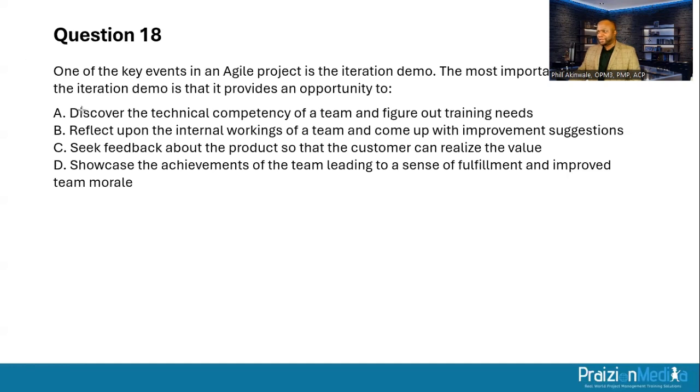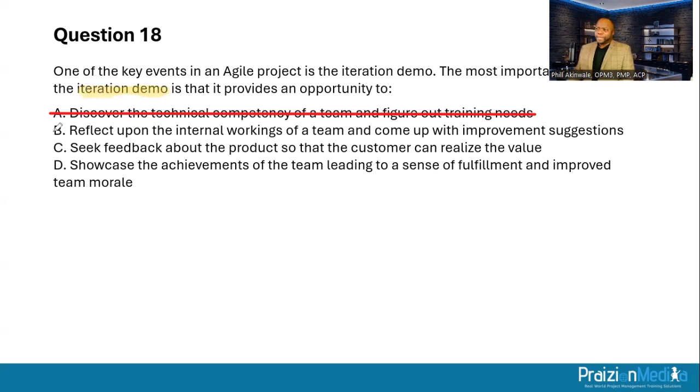A, discover the technical competency of a team. This is not the right answer. This is not done in a sprint review. When it says iteration demo, and by the way, on the exam, you could use your highlighter as well, right? So the word iteration demo means your sprint review.